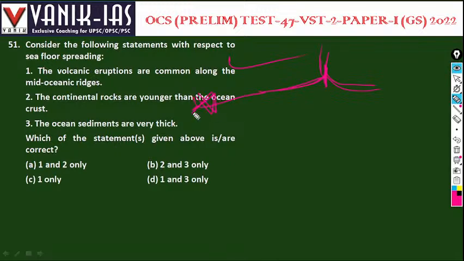Continental rocks are younger than ocean crust? No, continental crust is older than the ocean crust. The ocean sediments are very thick? It is not thick. They are very light particles.